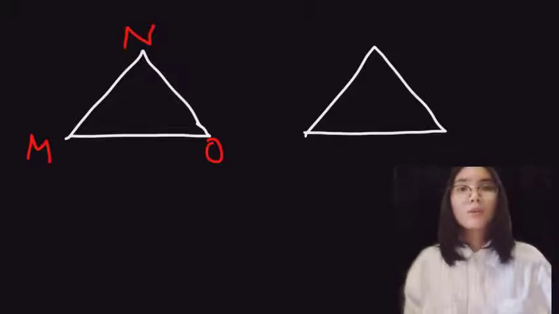Now, once you prove the two triangles are congruent, you can also make another statement. For instance, now that we know that these triangles are congruent, I can say that angle Y is congruent to angle S. And the reason why I can say that is something called corresponding parts of congruent triangles are congruent.